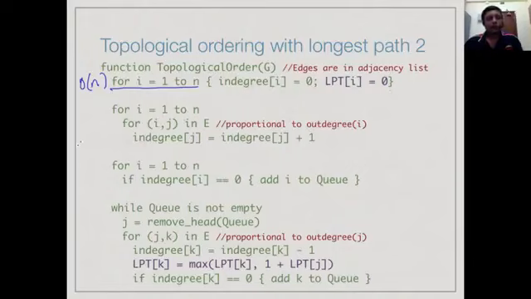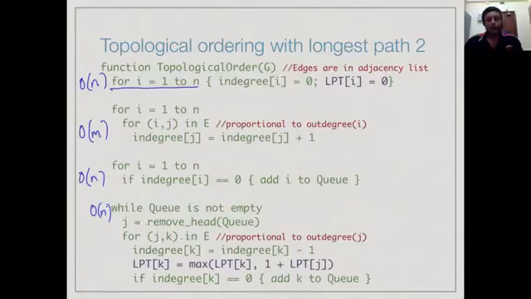Then we go through all the adjacency lists, and together this is an order m step to compute the initial in degrees. And now we have an order n step to set up this queue where we will process the topological ordering. And then we do an outer loop of order n. This is an order n loop because everything is going to go into the queue once and come out. So we are going to remove from the queue n times.